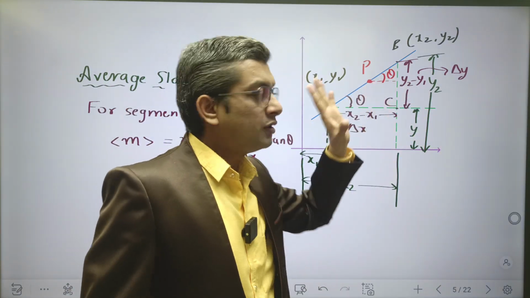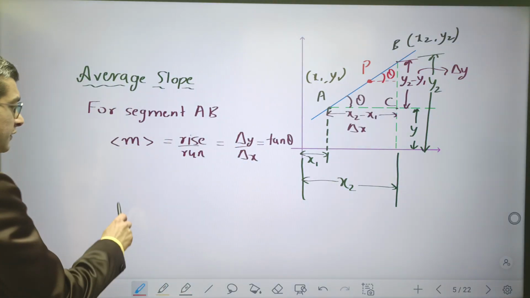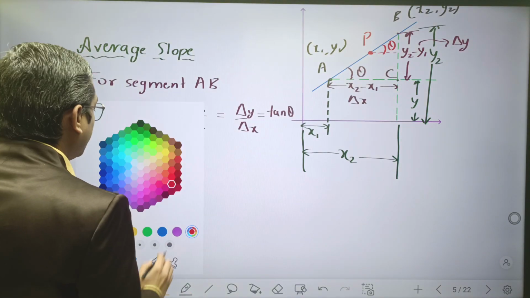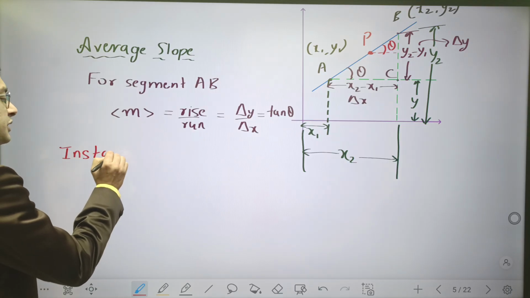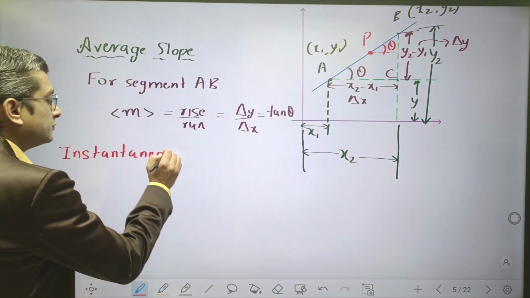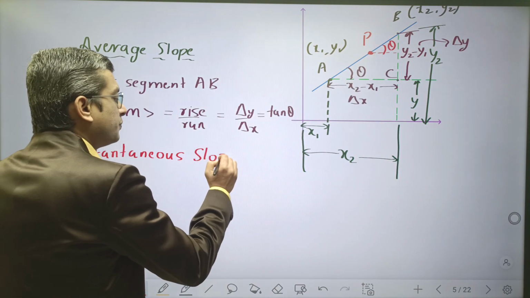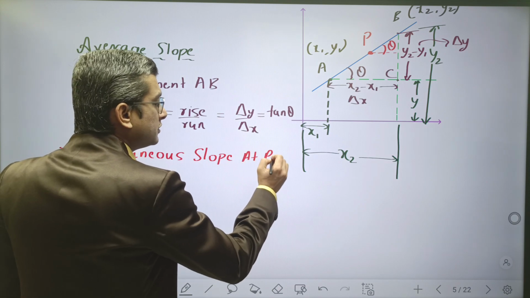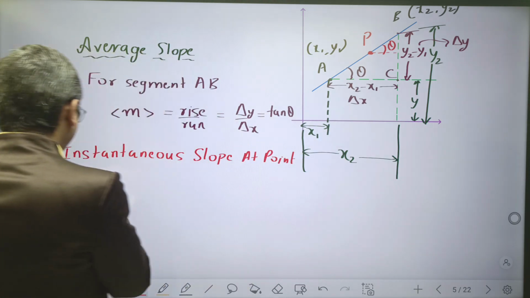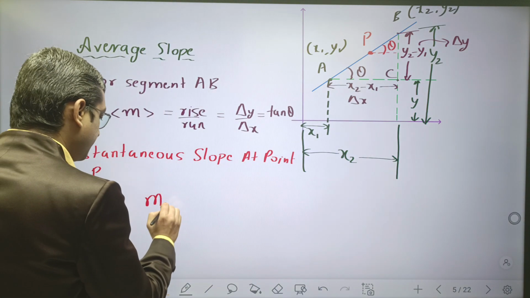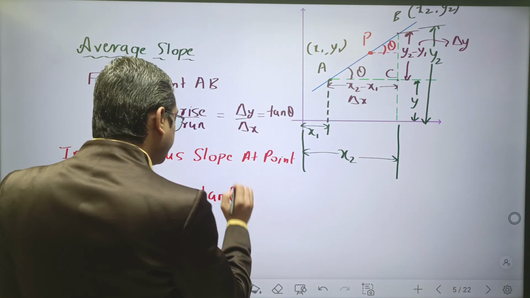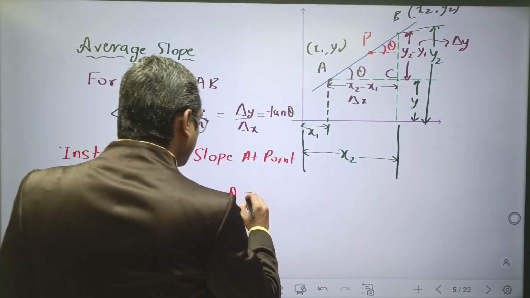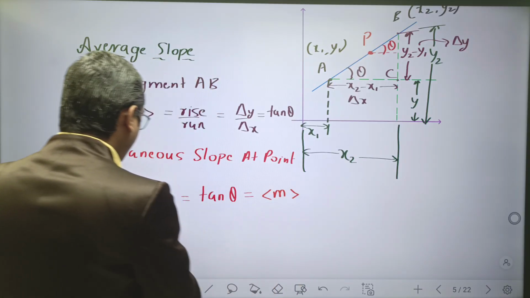So if I write the instantaneous slope at point P, that is MP, it is also given by tan theta. And this tan theta is also equal to the average slope.